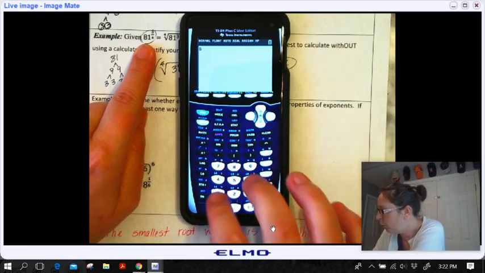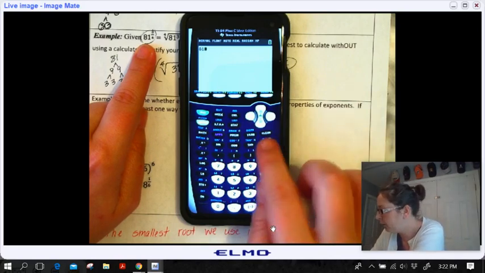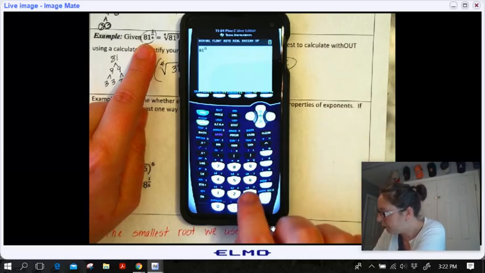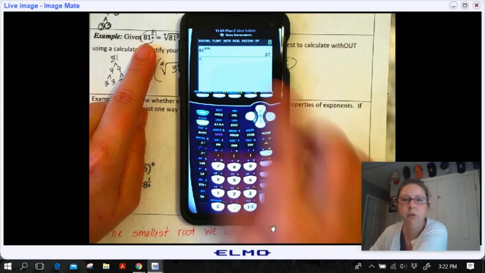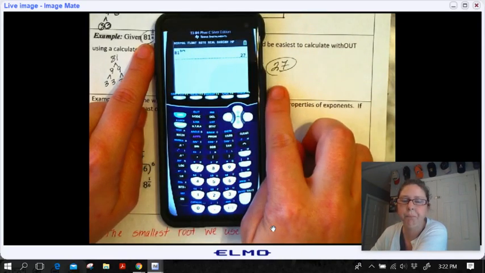So 81, you can raise it to any power using what I call the caret button. So caret, and then I'm going to type up there 3 divided by 4 and hit enter. And the answer they got is 27, which is the same answer that we got.